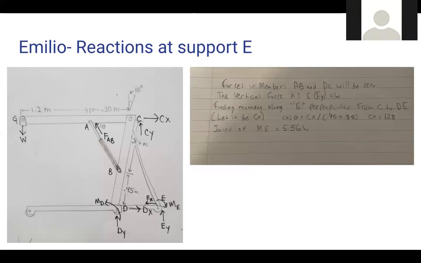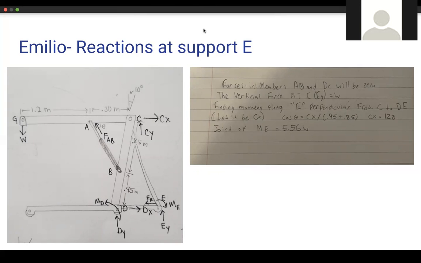For the reactions at support E, first, in order to calculate it, I found that the forces in members AB and DC were going to be 0. So I took the vertical force at E_Y equal to W. Finding the moment about E, I know that the perpendicular distance from C to DE is CX.